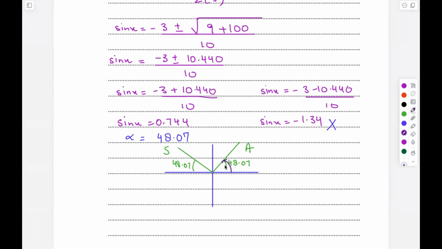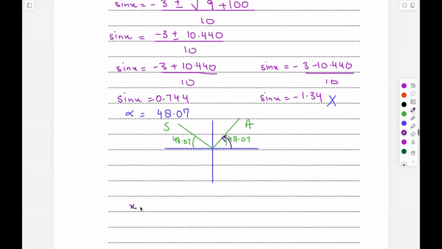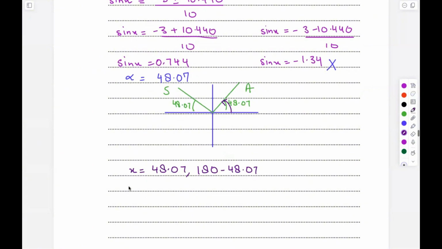So the first value of x will be 48.07, that will become 48.1 degrees. And the second value of x will be 180 − 48.07, that is equal to 131.93. So the final answer will be 131.9 degrees.